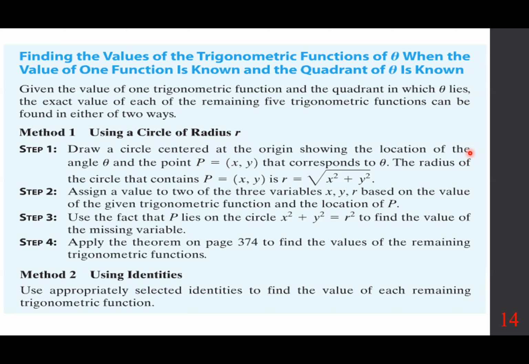So x, y, and r. And of course, we are paying attention to the quadrant. Therefore, we know x is positive or negative, y is positive or negative. And so when we know the location of this point, we can come up with the answer through all the values.